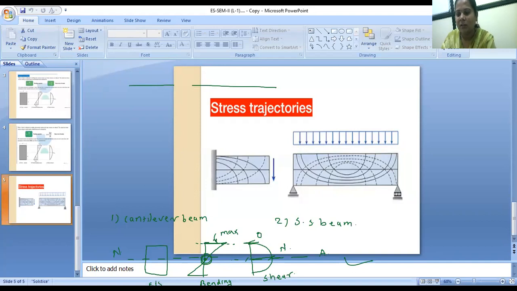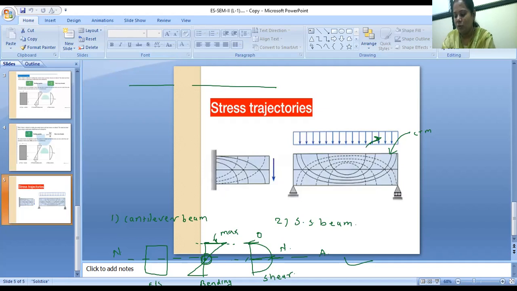This solid curve shows tensile principal stresses, and this dotted curve shows compressive principal stresses.